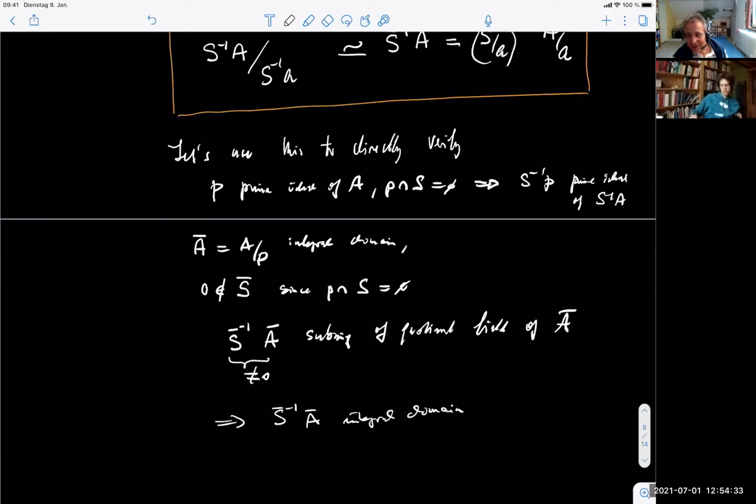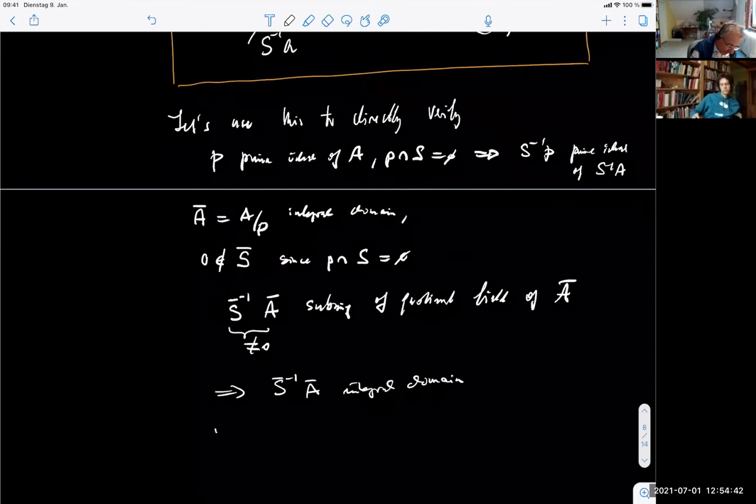The quotient field is an integral domain. Every subring of it is an integral domain unless it's zero. So therefore, now comes the orange box.